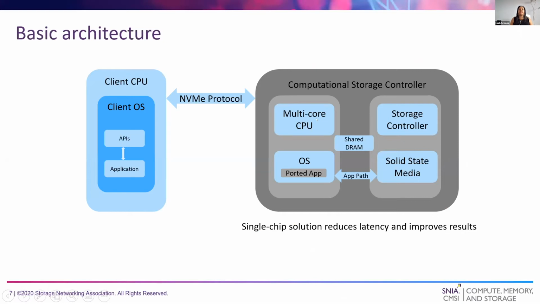And just to show you a basic architecture, let's say we have a client system and a client OS. That OS would have some APIs to communicate with the chosen application that you have. And some of that information may get offloaded over here to computational storage, and it gets put into the controller via NVMe protocol over PCIe, as I said earlier.